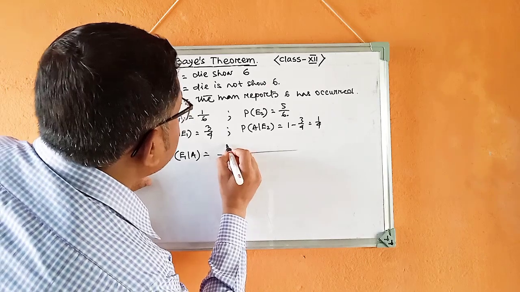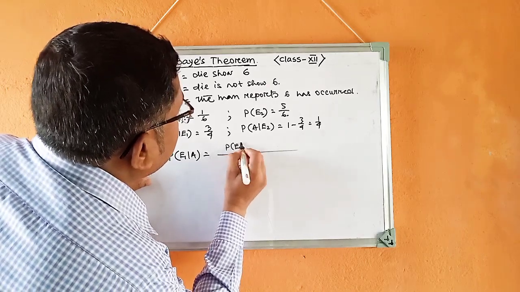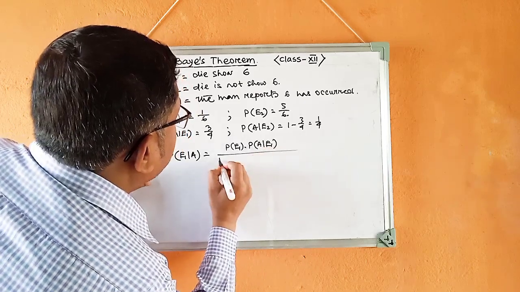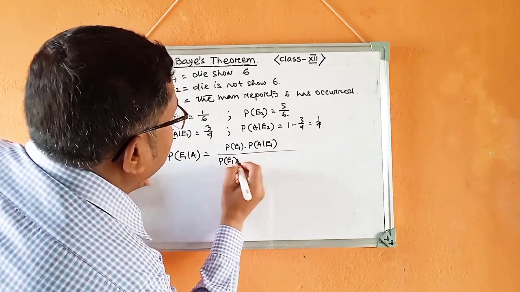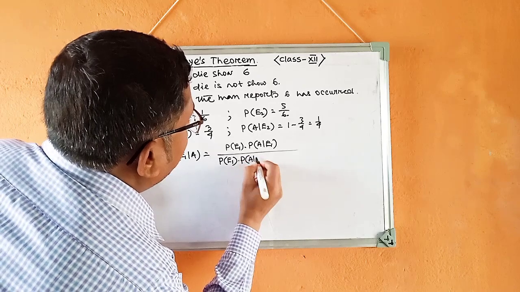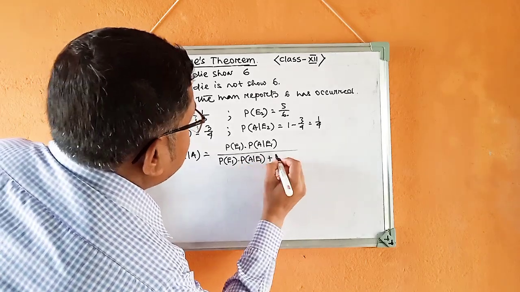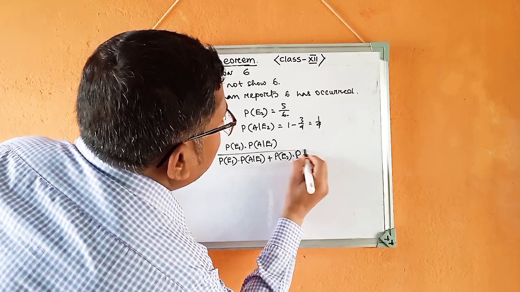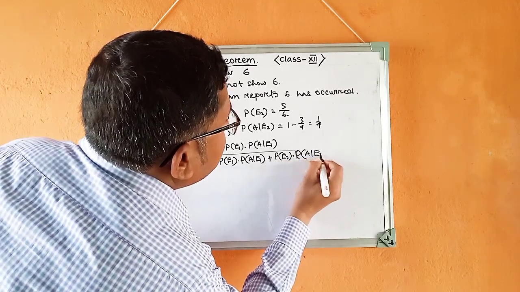Write the formula first: P(E1) into P(A/E1) divided by P(E1) into P(A/E1) plus P(E2) into P(A/E2).